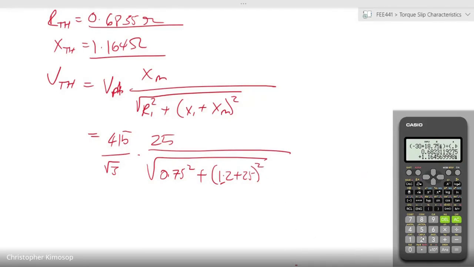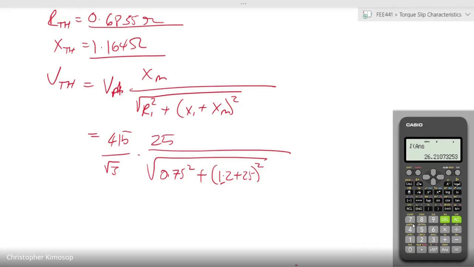So let's calculate that. 1.2 plus 25 equals, square that, plus 0.75 squared, equals, find the square root of that. It's 26.2.